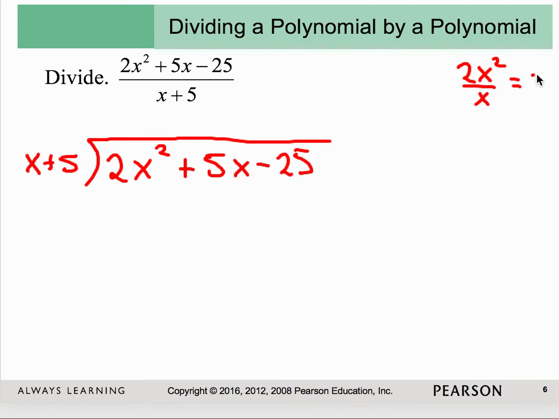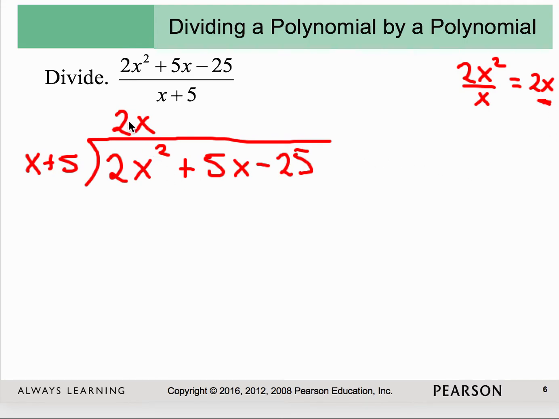One of these x's get to cancel, it's 2x. Or you can ask yourself, and here's what I do: what do I have to multiply x by to make it 2x squared? Well, obviously I need to multiply by 2 to get the 2 in there, and then I need another x, right? Same thing, so however you want to think about it.